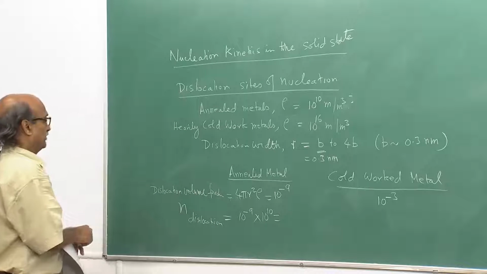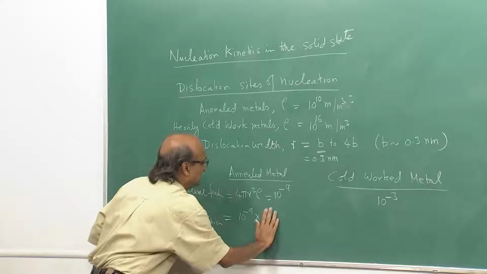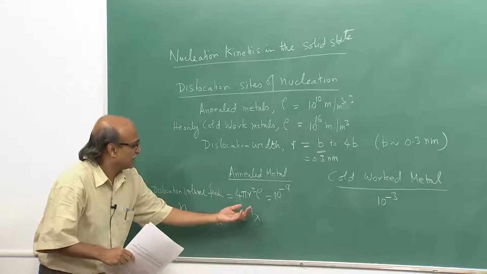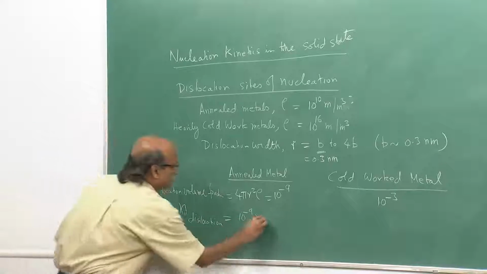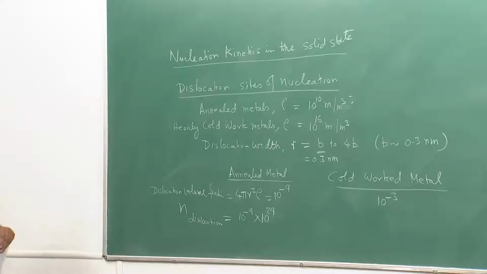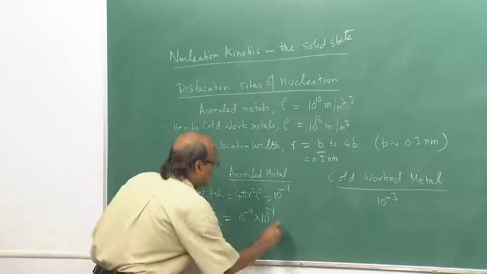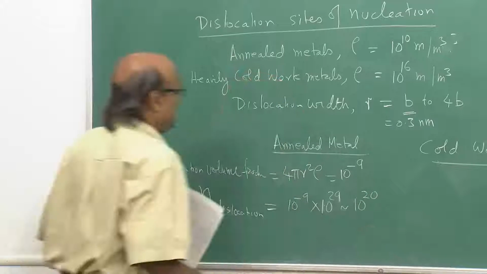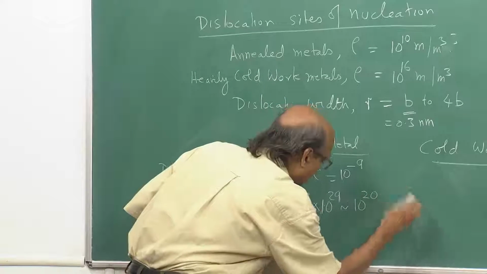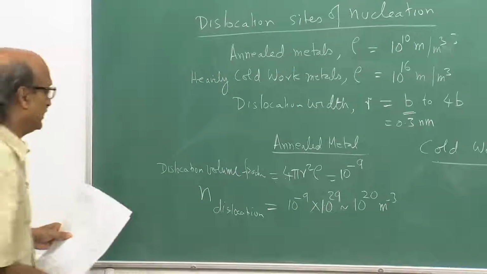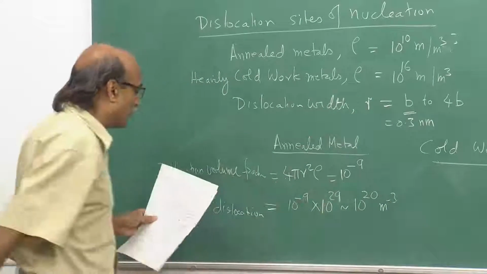No, just a second. What did I do? No, sorry. We have already taken this density. This is the fraction 10 to the power minus 9 multiplied by N0, 10 to the power 29 atoms per meter cube. So, this gives me an order of magnitude estimate of 10 to the power 20 sites per meter cube. What happens in the case of cold worked metals?